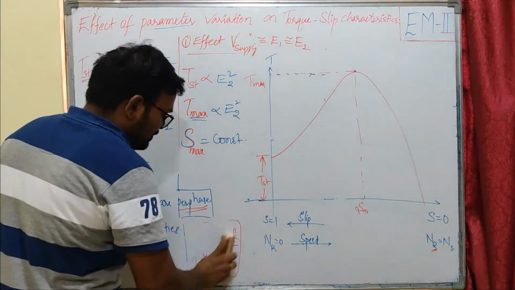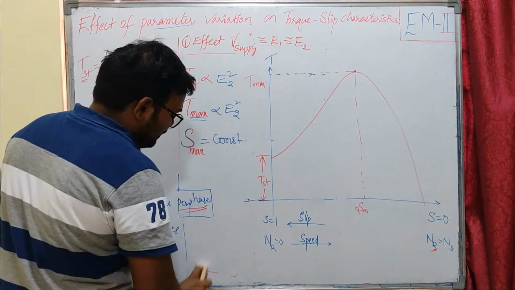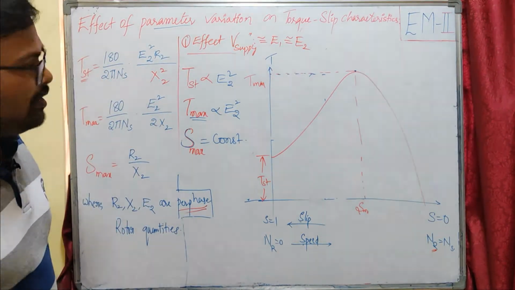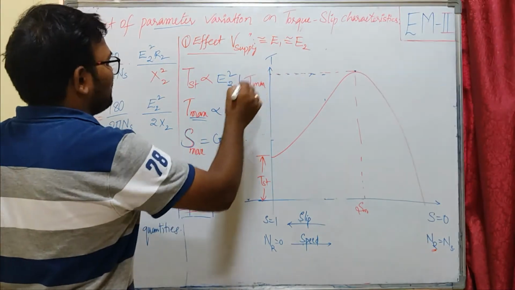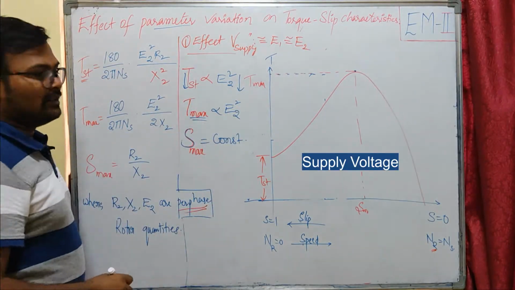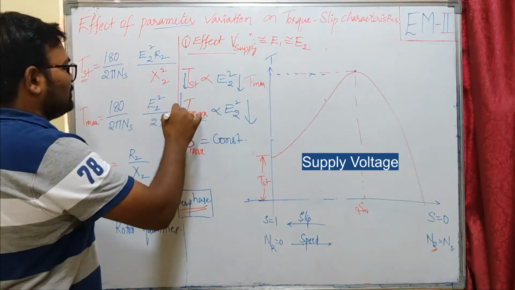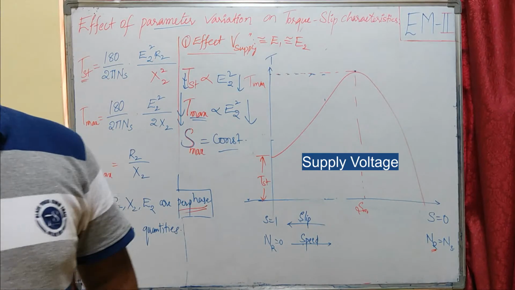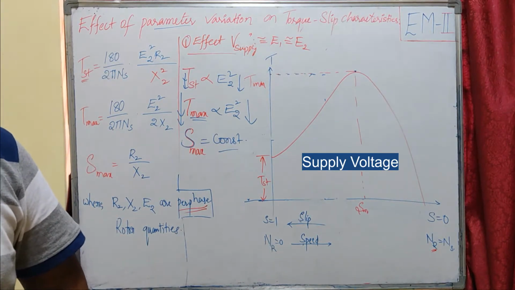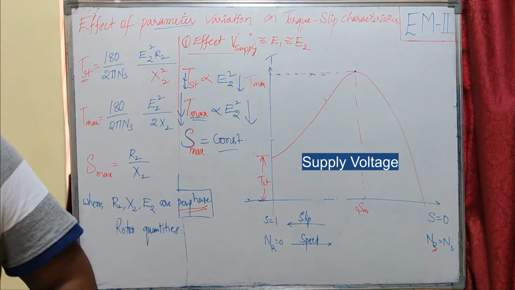So these are the parameter changes whenever we change the supply frequency. If I reduce the supply frequency, our starting torque will reduce. If I reduce the supply frequency, our maximum torque will reduce, but the slip at maximum torque is constant.